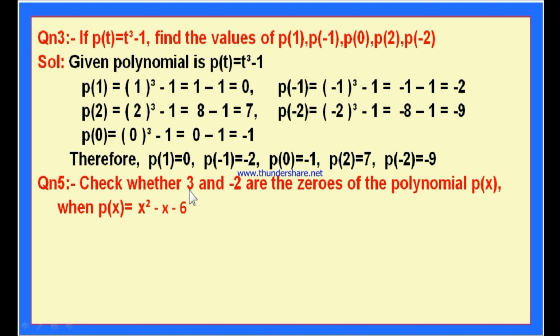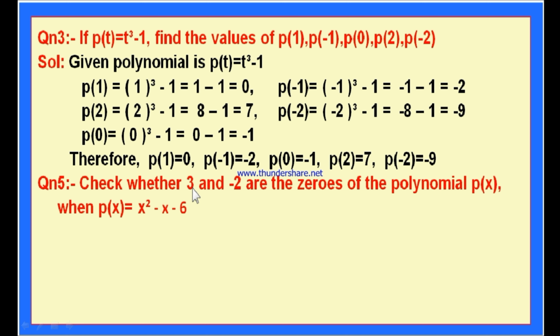When can you say that this 3 is a zero of this polynomial? If we substitute x is equal to 3 and you get finally the value of the polynomial as 0, then you can say that 3 is a zero of this polynomial. Similarly, when can you say that minus 2 is a zero of the polynomial? If we substitute x is equal to minus 2 and if you simplify this value and you get finally 0, then you can say that minus 2 is also a zero of the polynomial.